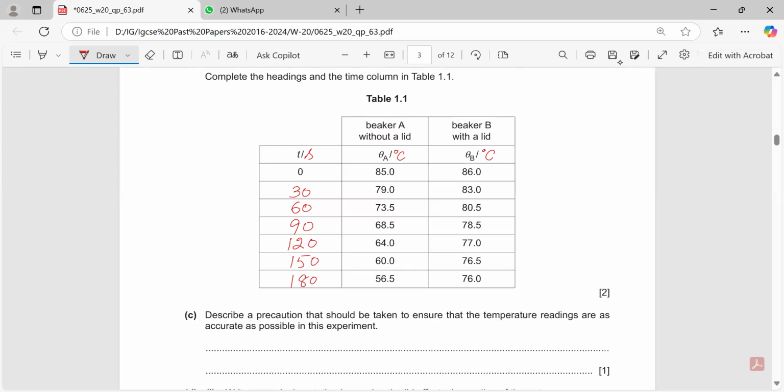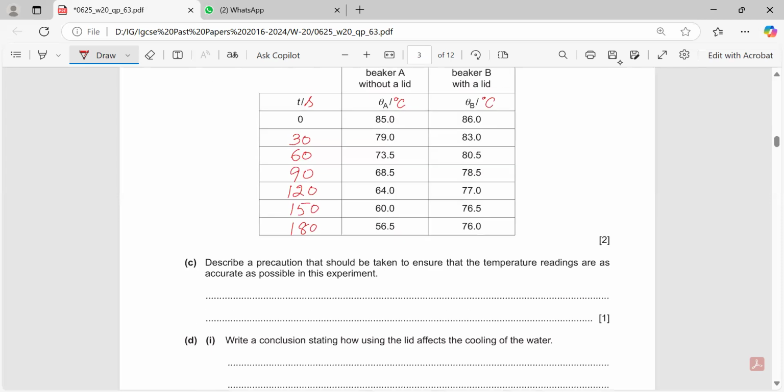Describe a precaution that should be taken to ensure that the temperature readings are as accurate as possible in this experiment. So for temperature readings, we should think about reading the thermometer.